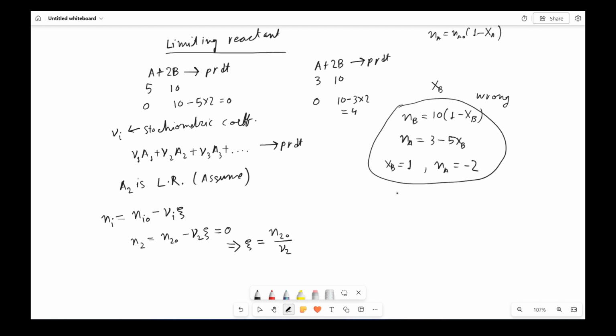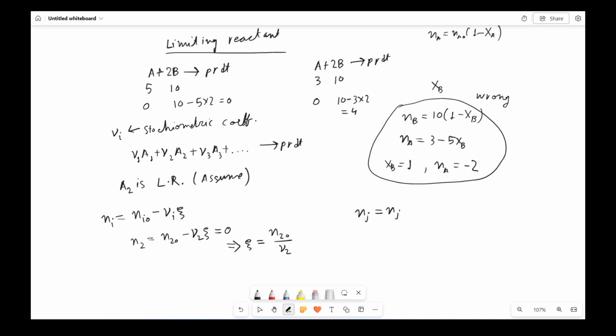Do not confuse it with N20. This is N2 naught. Now, as we have seen, in this case the limiting reactant goes first, but still other species will be there, with some moles remaining. Now we will use this logic to find Nj, where j is some different species which is not 2.